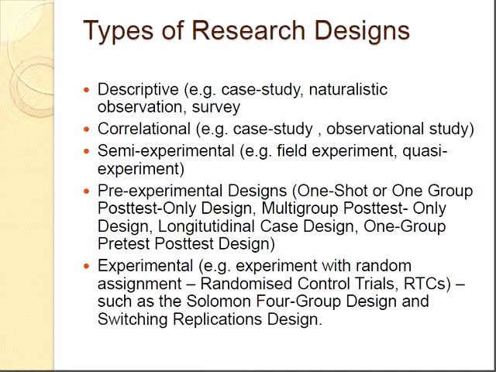Then two, we have correlational research designs. Again, you can do correlational studies under case study, observational study. What is there is that you are determining how much a given variable is related to the other, and nothing more than that.